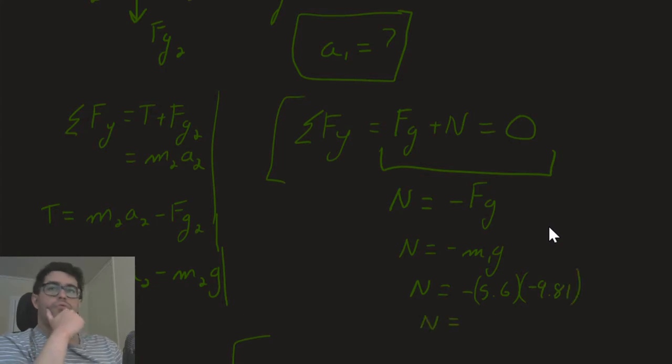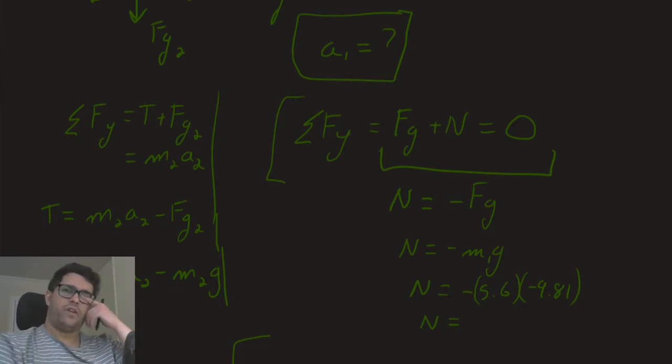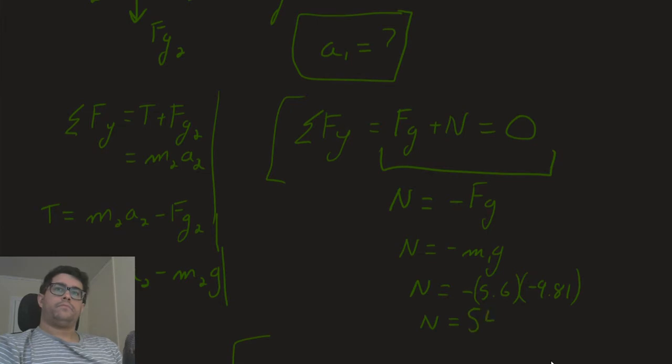N is equal to, we'll use a calculator. So finding n is very easy, because it's often just, n is just going opposite to gravity. 5.6 times 9.81 is 54.936 Newton, the vector.